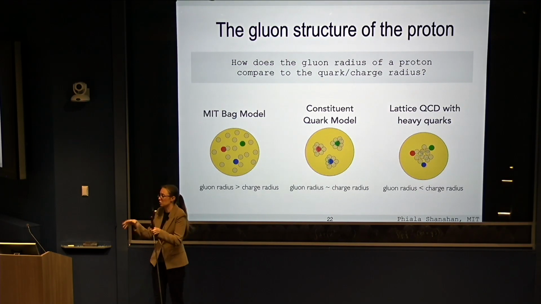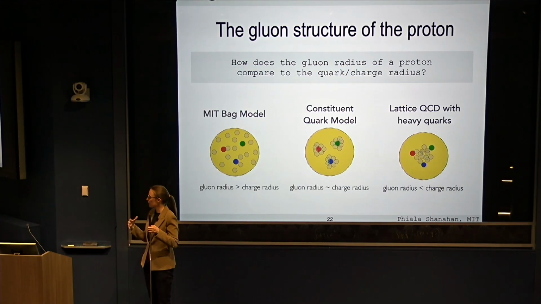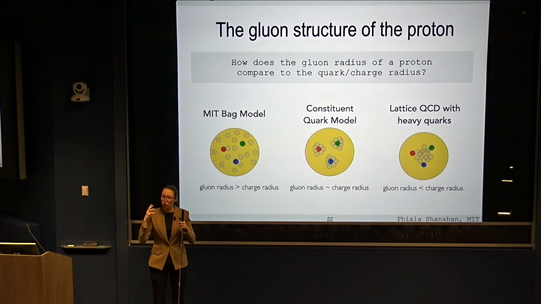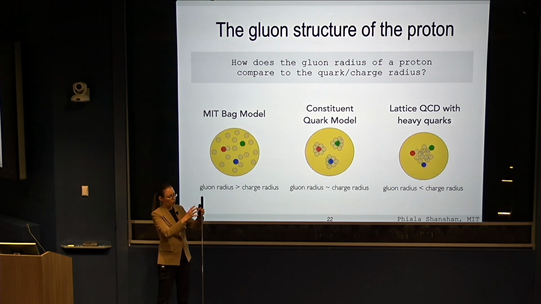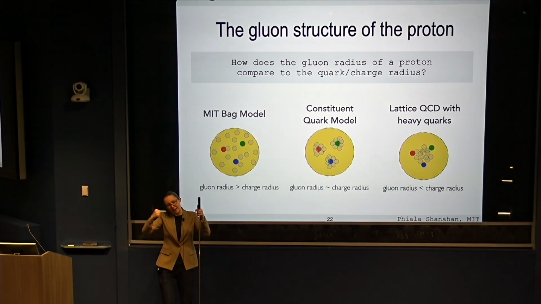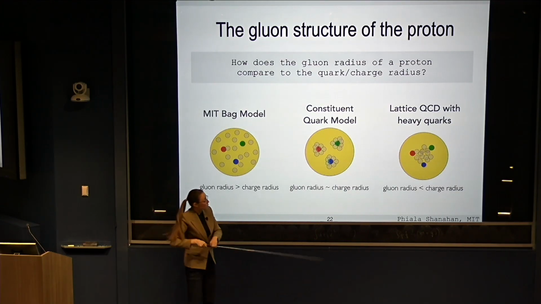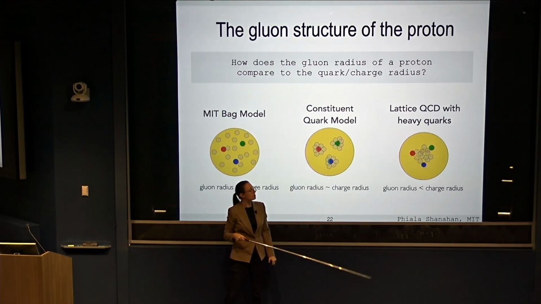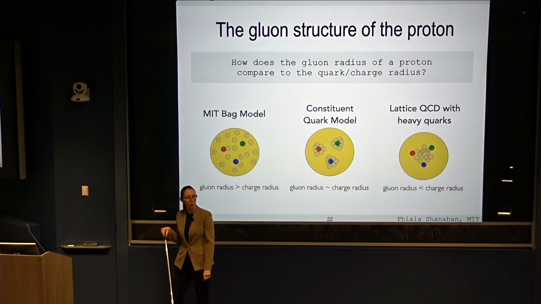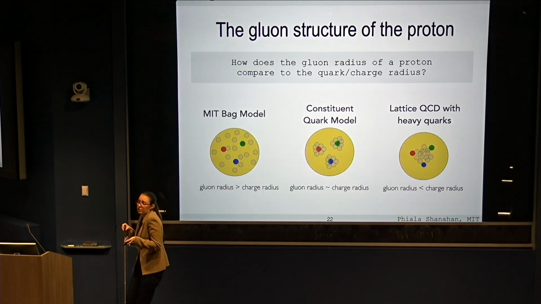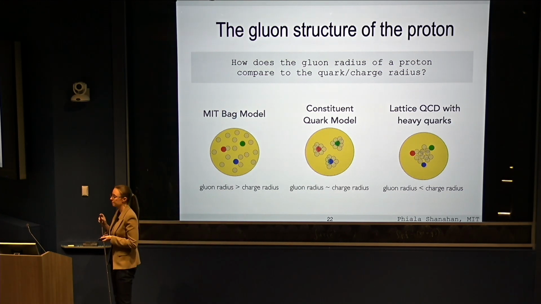The gluons and quarks are always in the same place, so a gluon radius would be the same. If your picture is, well, gluons only exist in flux tubes. When you pull quark-antiquark pairs apart, the gluons are what's pulling them back together, so you get these flux tubes between them. Well, then the gluons are always between the quarks, and the gluon radius should be smaller, right? So models give you different intuition on this qualitative question.